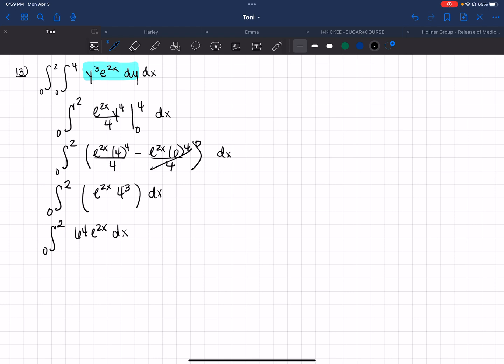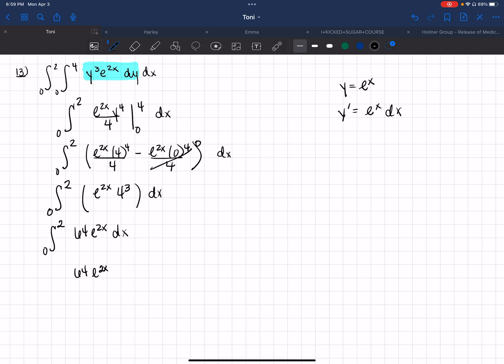Now, we know that the derivative of e to the x, if I have y equals e to the x, y prime equals e to the x dx, right? So that means this e to the 2x, so I can bring down that 64, was e to the 2x. And then what was that chunk?